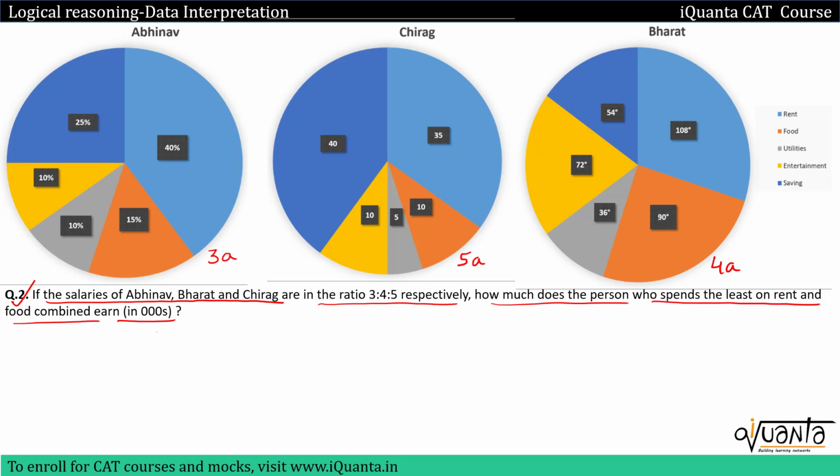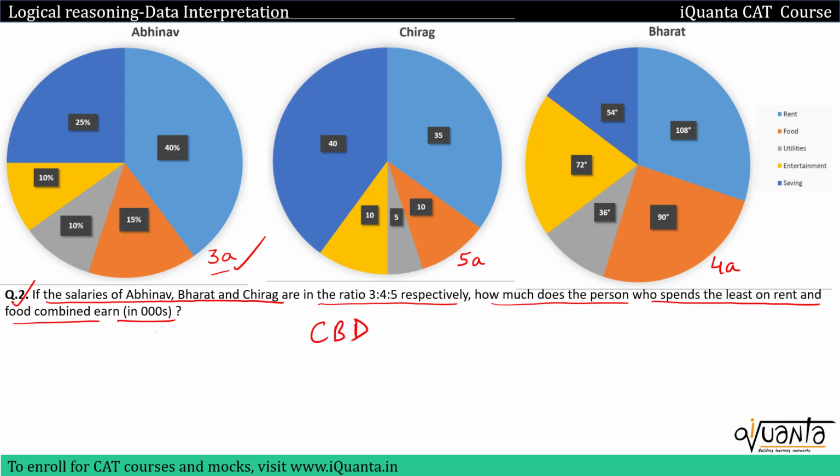Now definitely the person who is spending the least on rent and food combined will be someone out of Abhinav, Chirag and Bharat. But is it possible to determine their salaries exactly in thousands? No, because their salary either can be 30, 40, 50 or 300, 400, 500, 3000, 4000, 5000. So they can have any salaries for different values of A. Hence we cannot determine their salaries exactly in thousands. Hence the answer to this question will be cannot be determined.